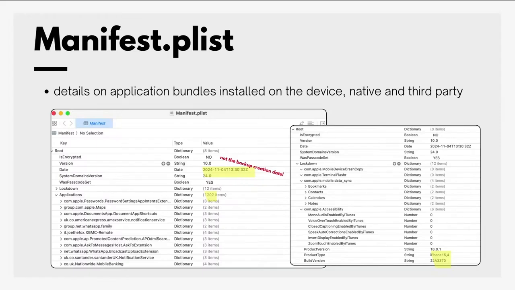I'm not exactly sure what the date is of, and I wasn't able to find it online either. It seems to be a bit earlier than the backup. Maybe it just doesn't get updated every time you create a new backup. Anyway, that is not the backup creation date. So keep that in mind if you're looking for evidence of that.